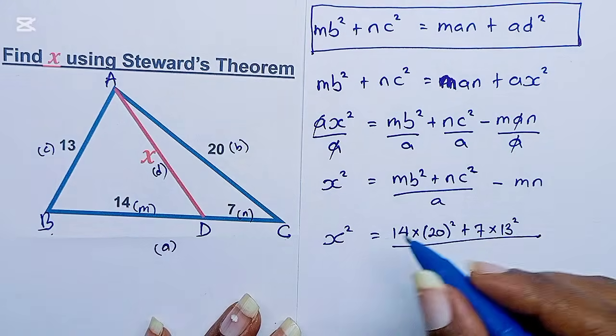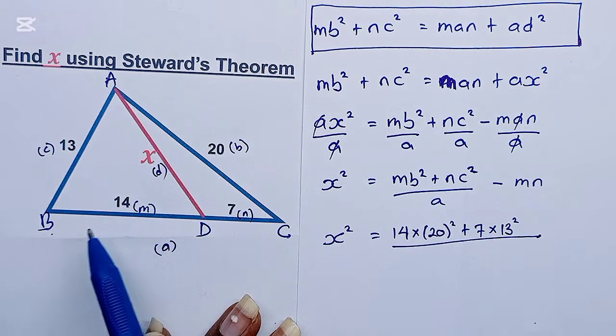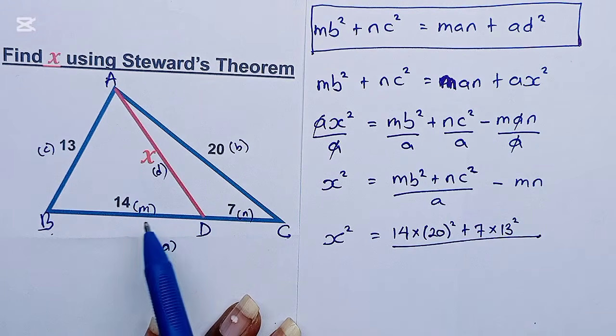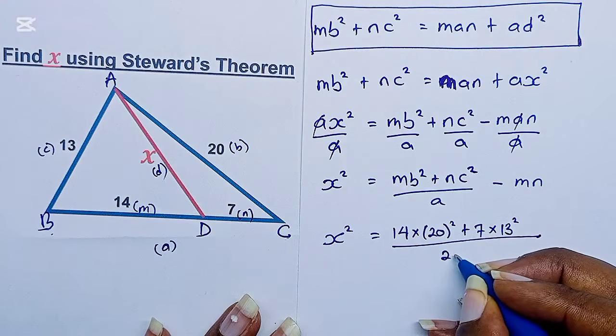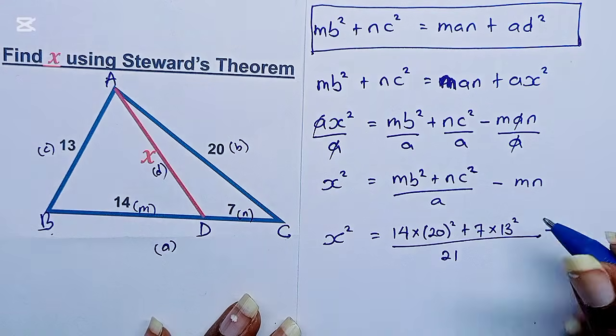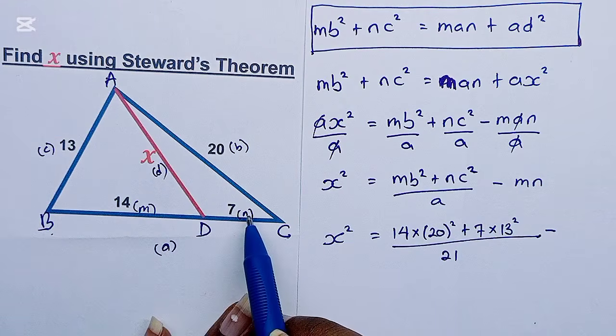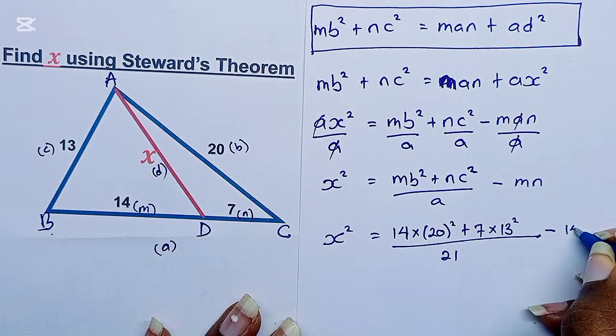This is over A, which is M plus N, which is 14 plus 7, and that is 21. So this minus M times N, which is 14 times 7.